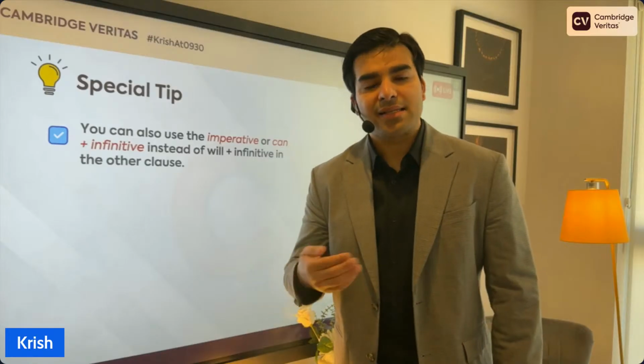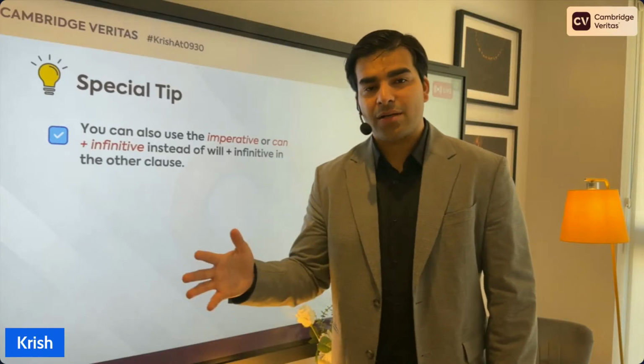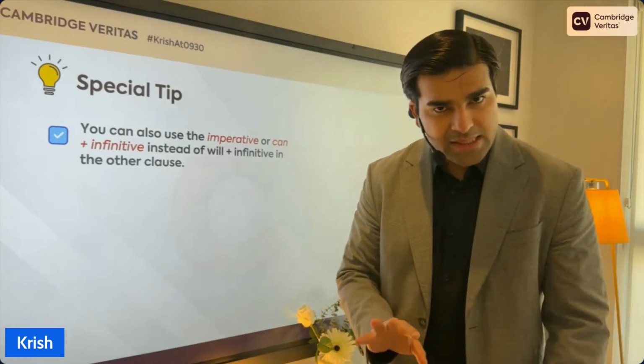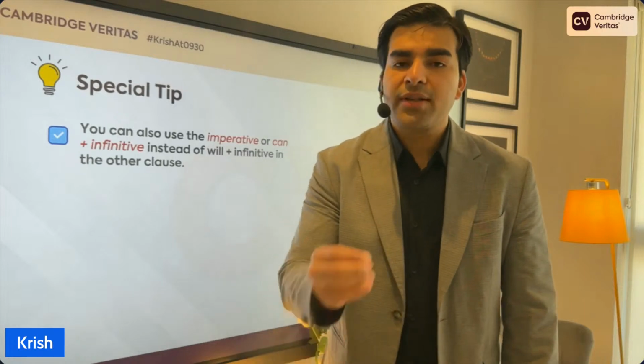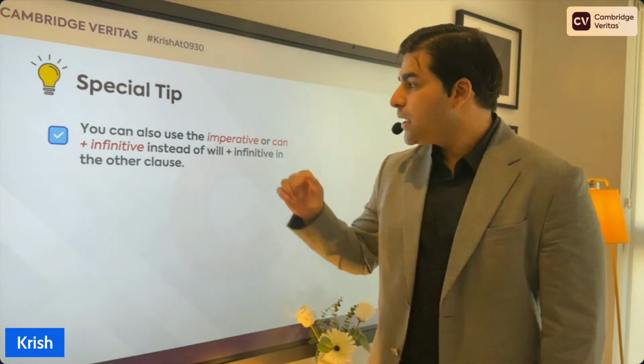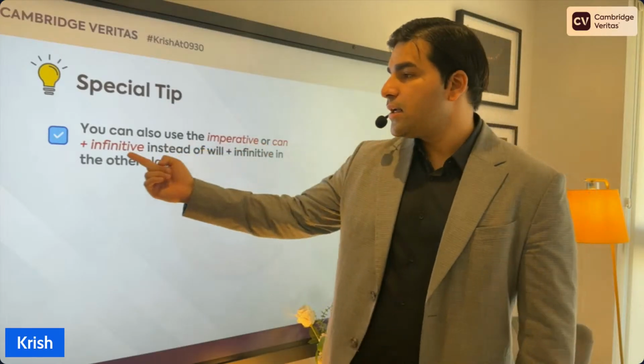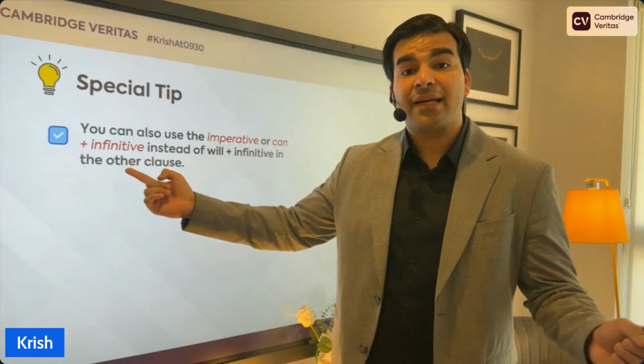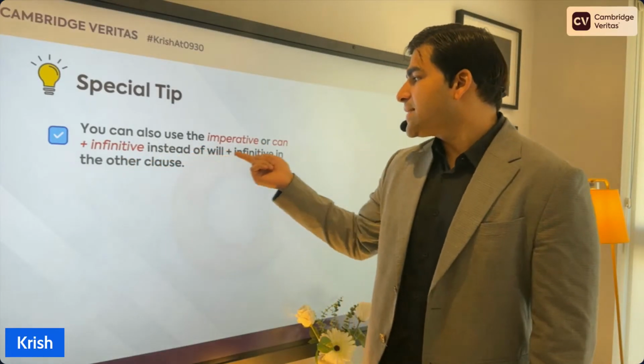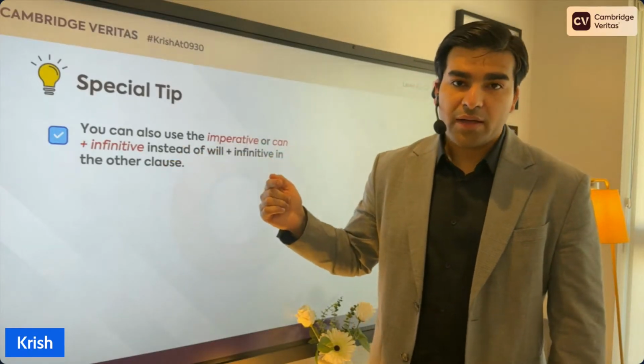Sometimes it makes it zero conditional, but there's a separate lesson on it. For now, just understand that this is an option that exists as well. In place of will, you can use can. Infinitive means word without ing. Instead of will or won't, with the other clause, that is, with the other part.